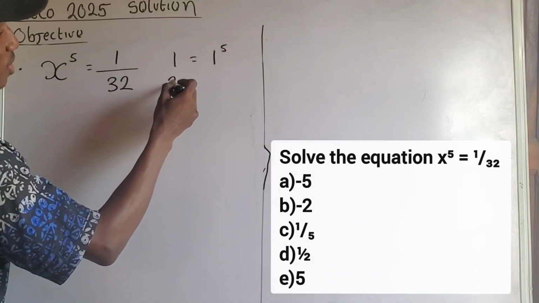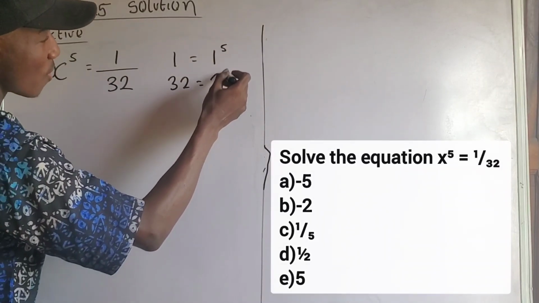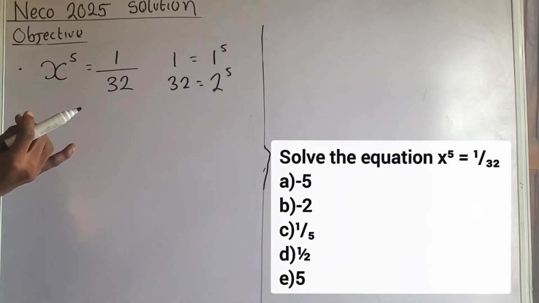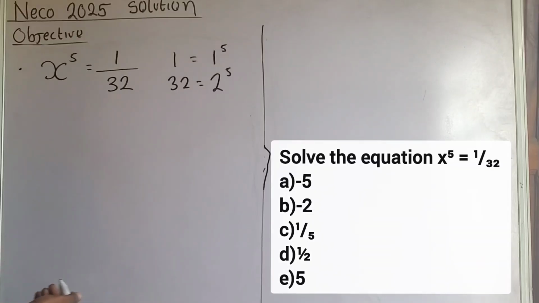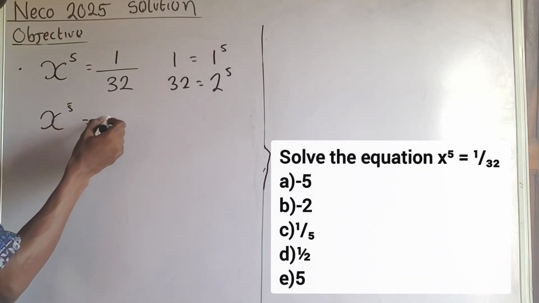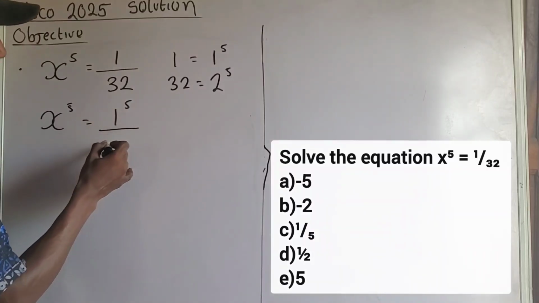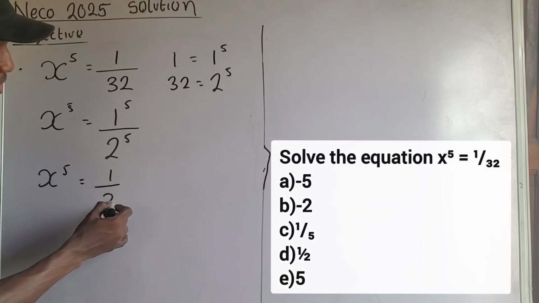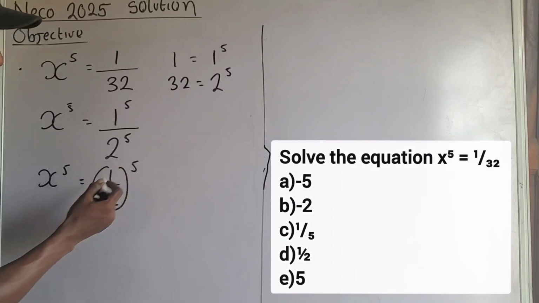And 32 can be written as 2 raised to the power of 5, because 2 times 2 is 4, 4 times 2 is 8, 8 times 2 is 16, 16 times 2 is what? 32. So I can write this as x raised to the power of 5 equals 1 raised to the power of 5 all over 2 raised to the power of 5. Do you understand?